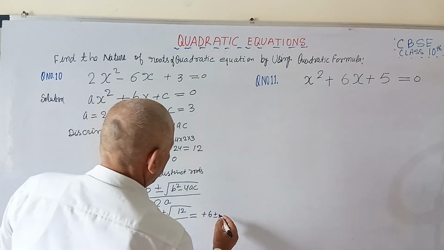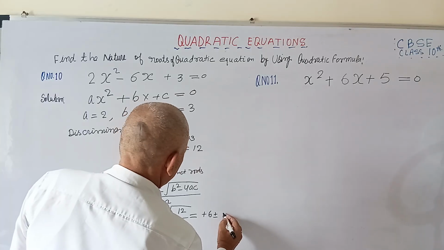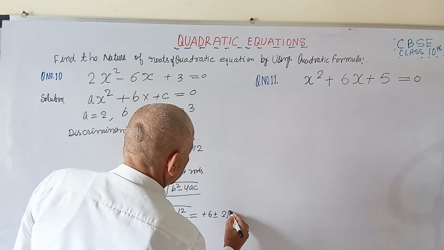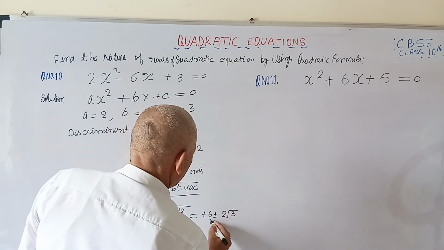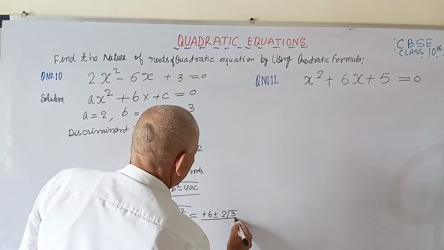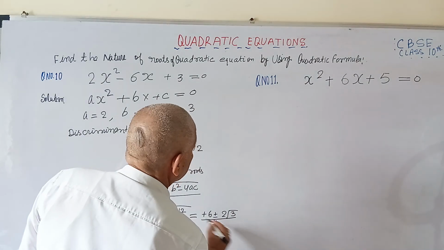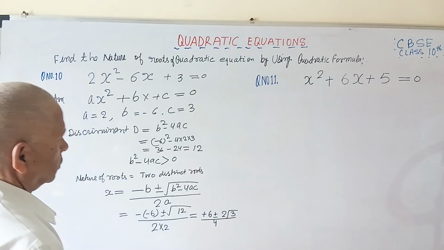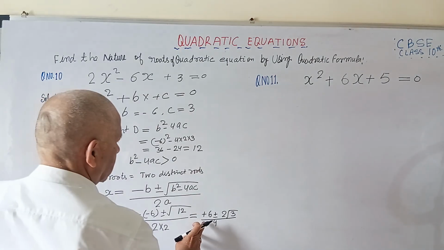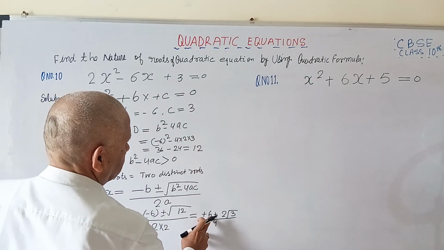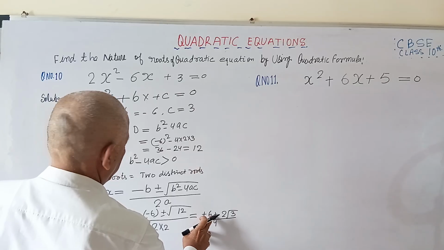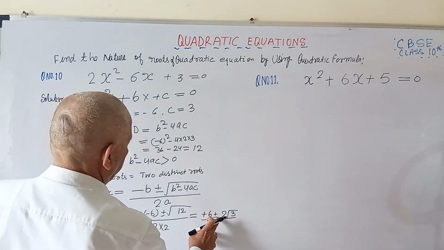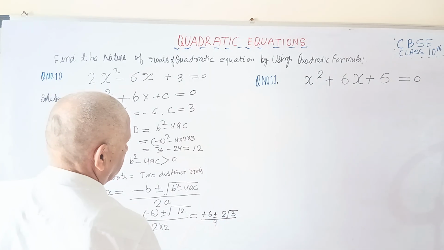This root 12 can be written as 2 into root 3. So plus 6 plus minus 2 under root 3 upon 4.